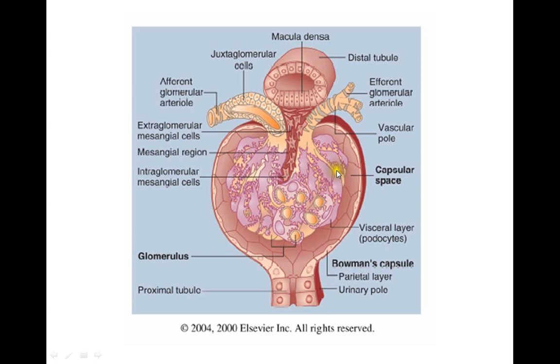Another special type of cells are shown here by pink. These are known as podocytes, or visceral layer of epithelium, or visceral epithelial cells.